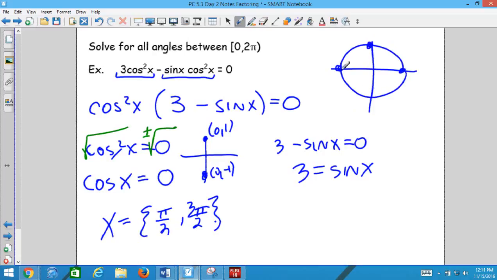What is the highest number that y could possibly be? What is the lowest number that y could possibly be? Can sine be equal to 3? Not possible. You cannot use this to find the answer.